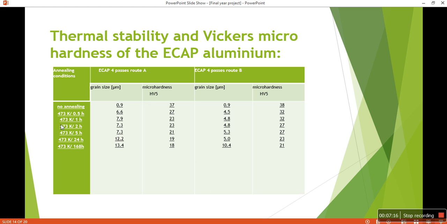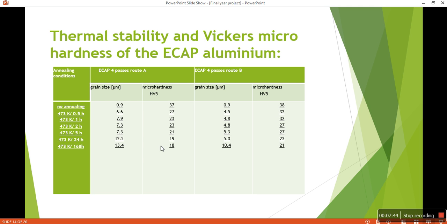Annealing condition: no annealing, and ECAP 4 passes route A. Grain size is 0.9, microhardness 3.7. After annealing, grain size increases and hardness decreases. After 4 passes in route B, grain size increases and hardness decreases.